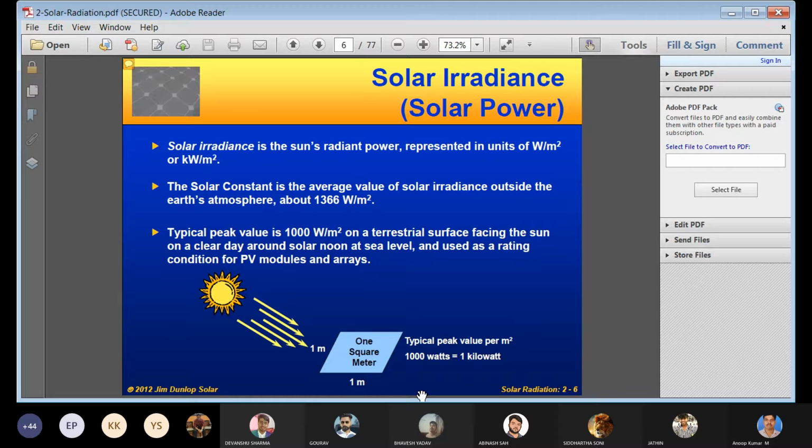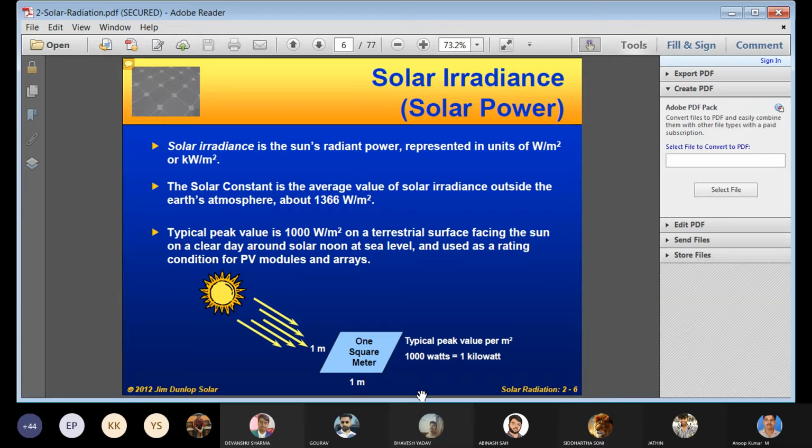Is there any idea how much the solar radiation is in Vellore or in your North India, a typical value? Anybody? A typical value on a sunny day. It depends on the season, no?